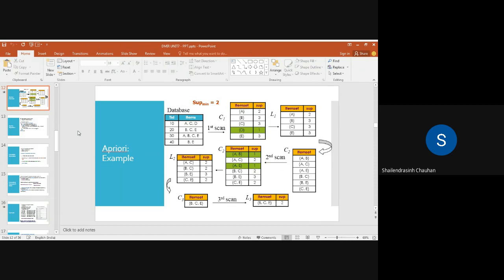We have discussed in the previous lab how to find the largest frequent item set, so this is connected. Let us try to find out association rules for this largest frequent item set. After finding the largest frequent item set, how to find out association rules.